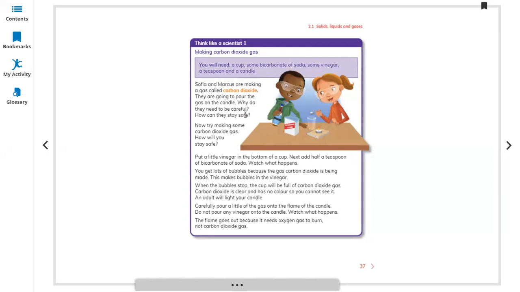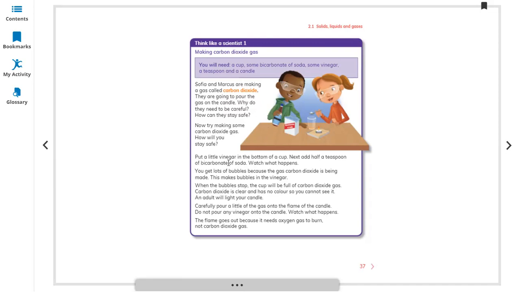When you're doing a science experiment, the equipment you are using can be a little dangerous, like fire, so you need to take care. Make sure there's someone bigger with you, or the teacher. Now try making some carbon dioxide gas. How will you stay safe?